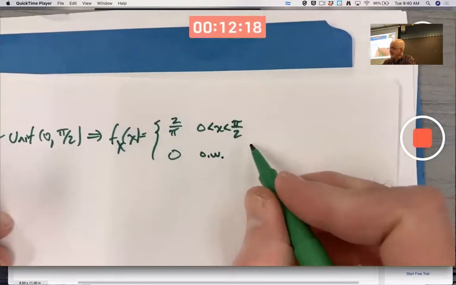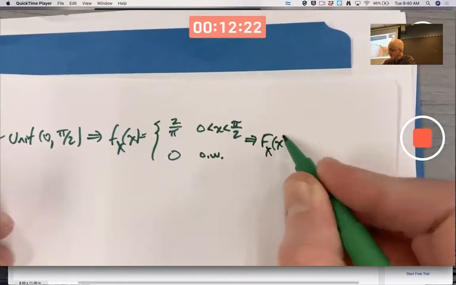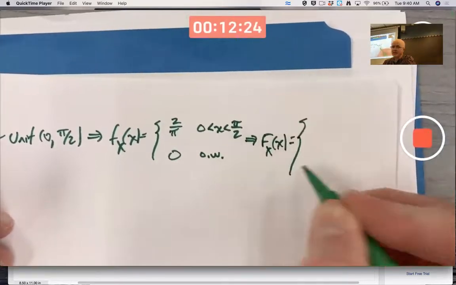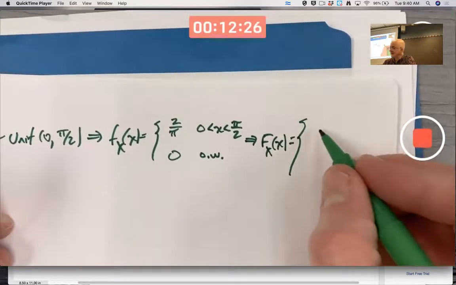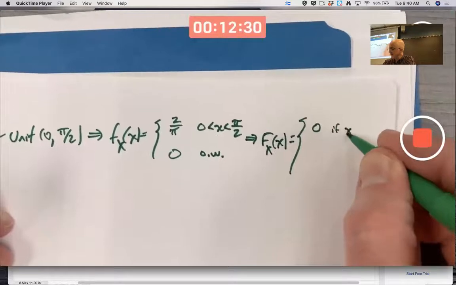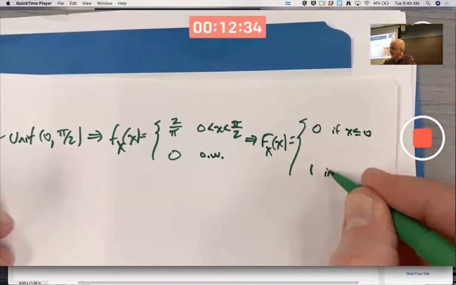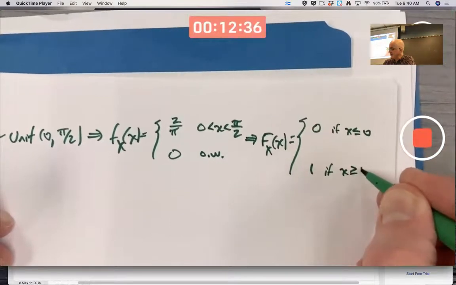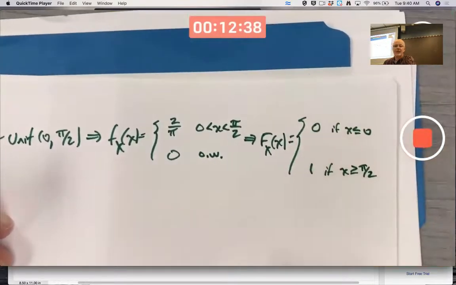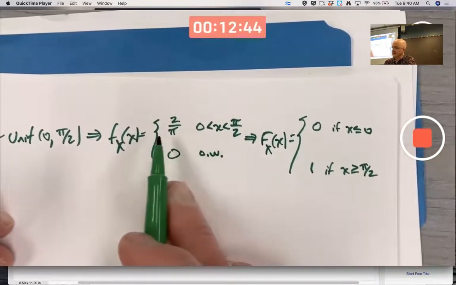And that'll mean the CDF, capital F. Well, if you want to be extra careful about it, it's technically 0 if x is less than or equal to 0, 1 if x is greater than or equal to pi over 2, and it's the integral of 2 over pi with respect to x when x is between 0 and pi over 2. In other words, just multiply that by x.